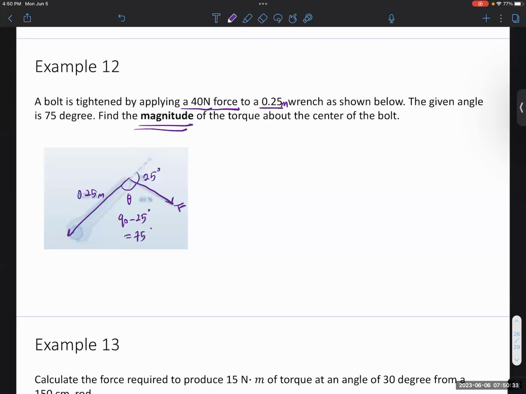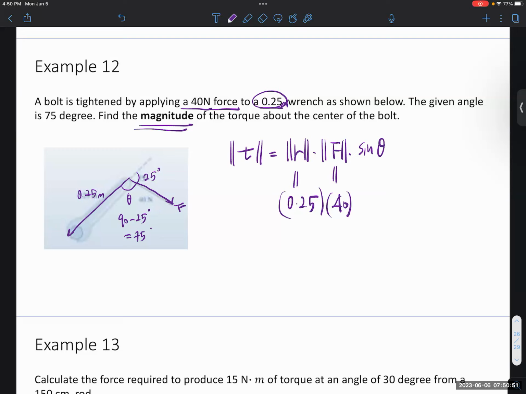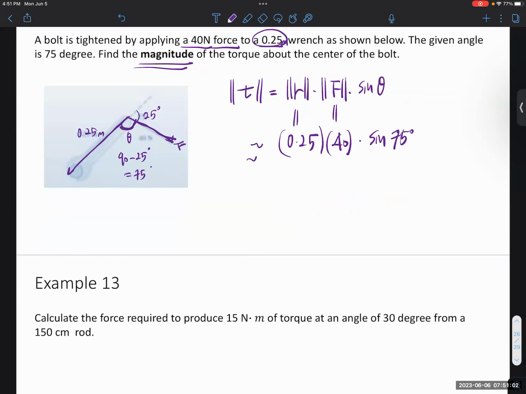So we have everything. The magnitude of the torque is going to be R magnitude times force magnitude times sine theta. Everything is given. The length of the R, the magnitude is given. Force is given. So you multiply those two times sine of the angle between force and R, which is sine 75 degrees. So you can calculate the decimal.